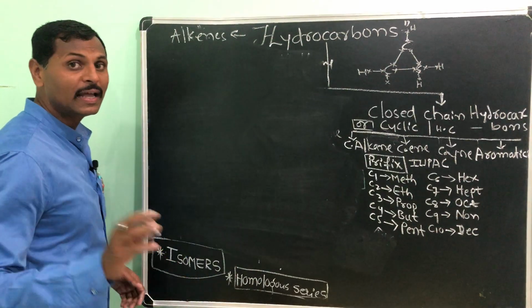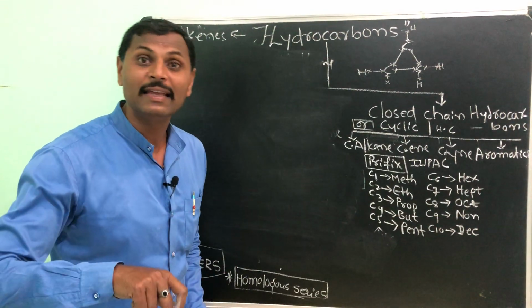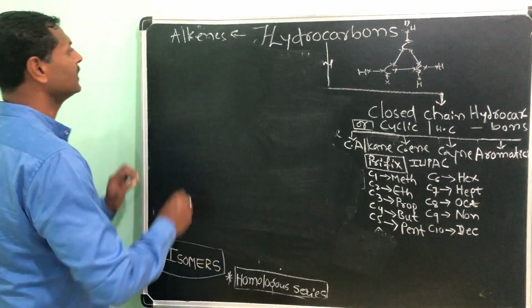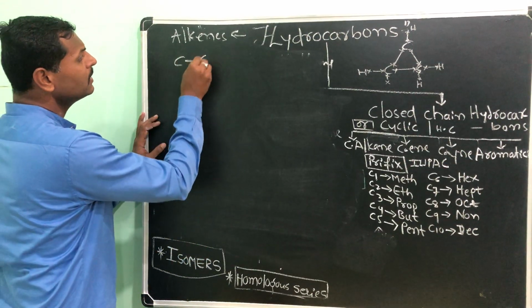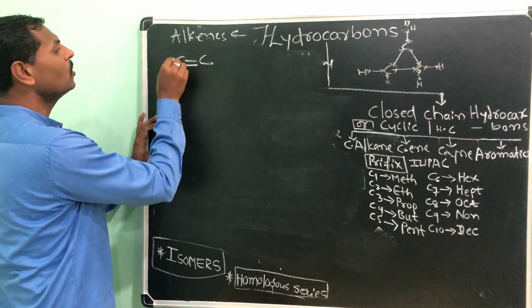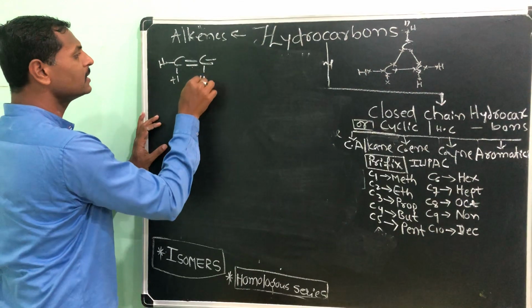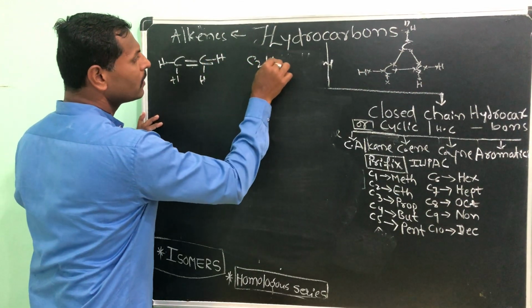Understood? That's why there will not be methene for alkenes. Right then. See, I have taken a double bond, 1 2 3 4. Simply add the hydrogens to it. So you will get C2H4.